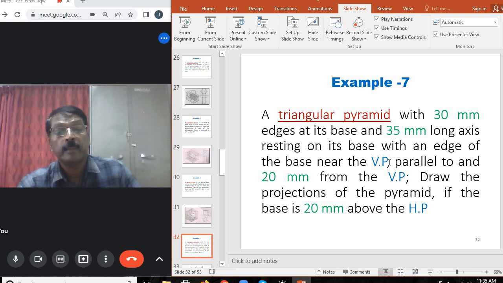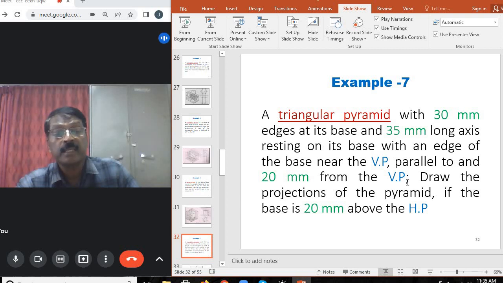One base edge is parallel to the VP, so it is parallel to XY in the top view, and 20 mm away from the VP, that is 20 mm from XY in the top view. So here the object is a triangular pyramid.